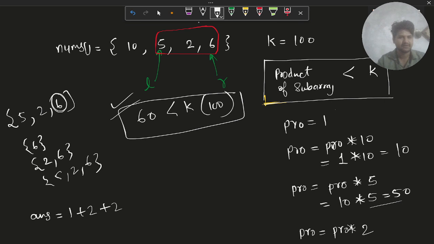Or you can say there are 3 elements present, so three subarrays are going to be formed that satisfy the condition. So it would be 3. I have added 3 into our answer.